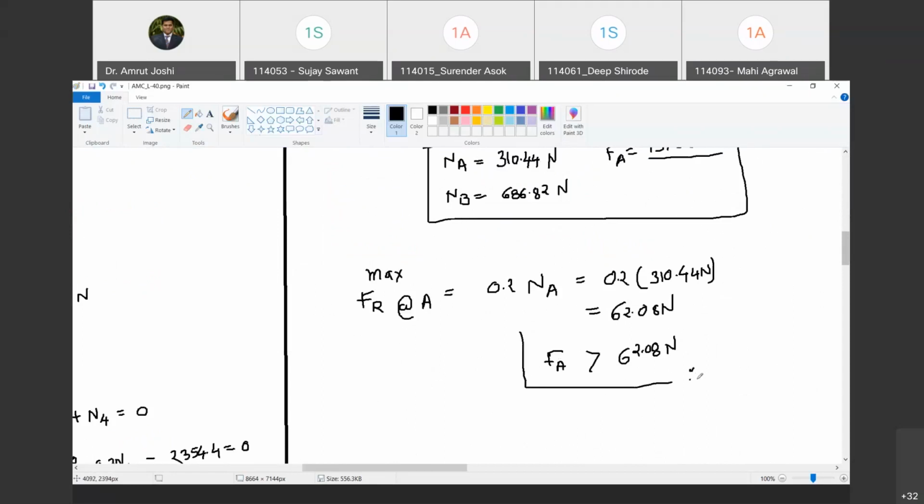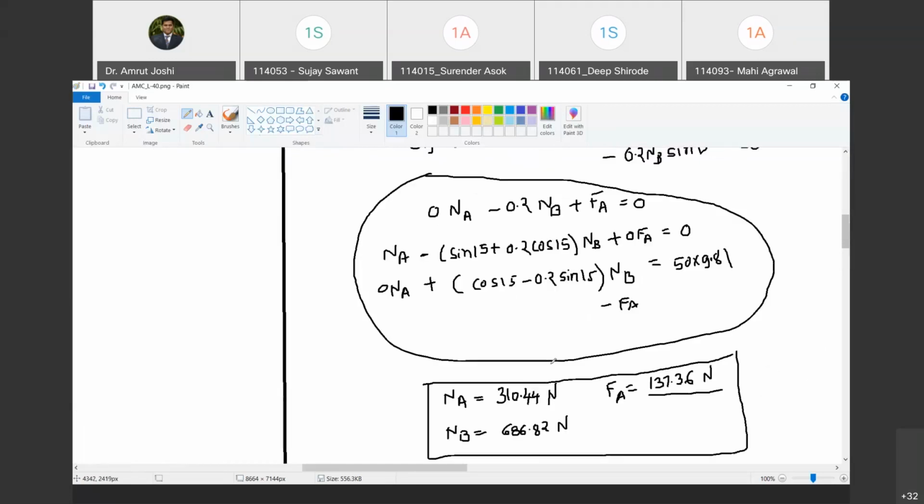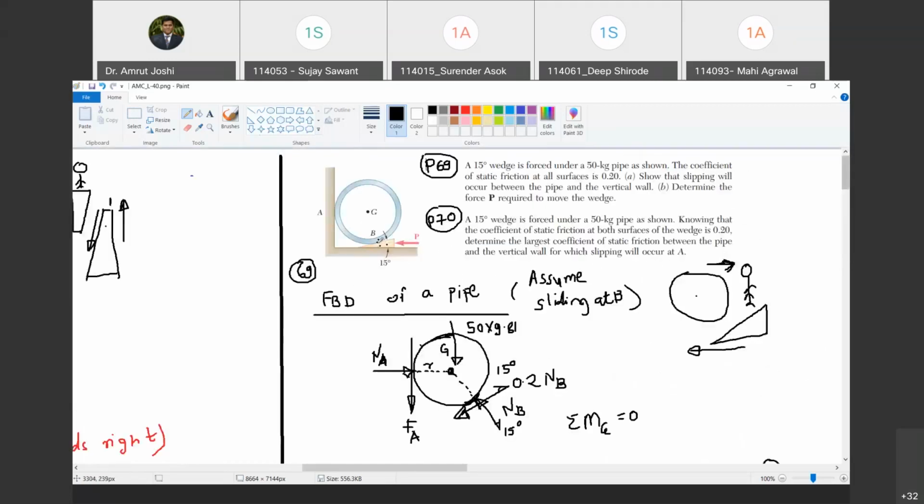Therefore, slipping must occur at A. Do you agree with me? Did you understand the logic of what I have done? I assumed that there is slippage at B. Then I drew the free body diagram of this pipe.